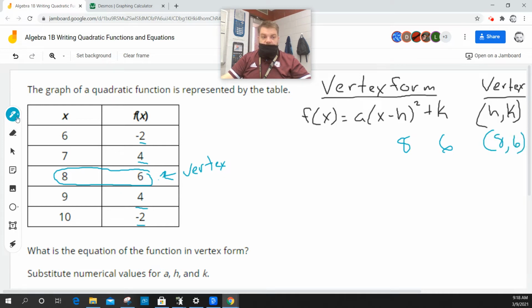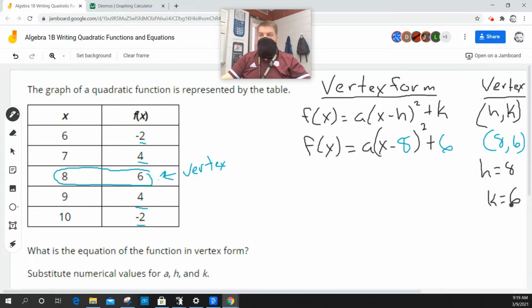In other words, for me to find this function, I'm going to start by plugging in 8 for h and 6 for k. h equals 8, k equals 6.